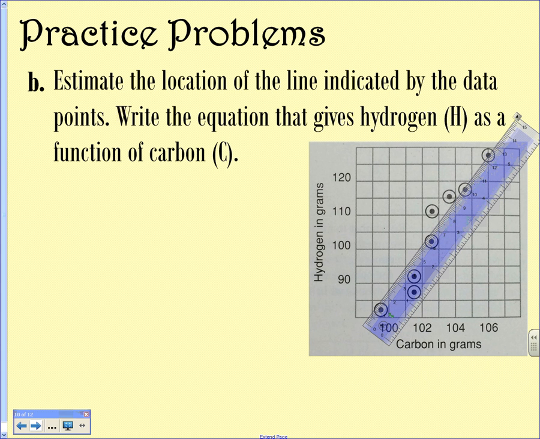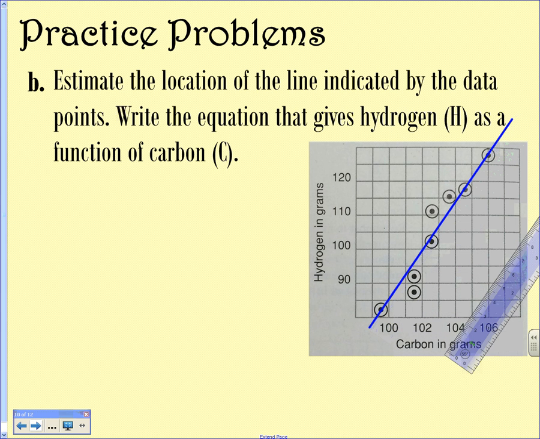Does that look good? Or should I move it? Does that look a little better maybe? Close enough anyway? You don't have to be exactly, don't spend 10 minutes trying to find your line of best fit. My lovely straight line, using my ruler. So now that we have our line of best fit, see if you can write the equation that gets hydrogen as a function of carbon.